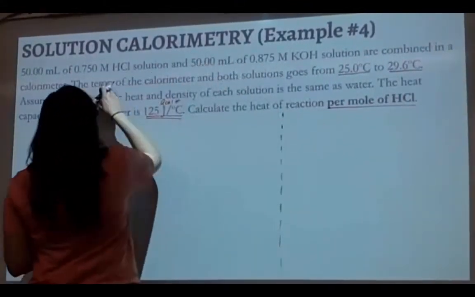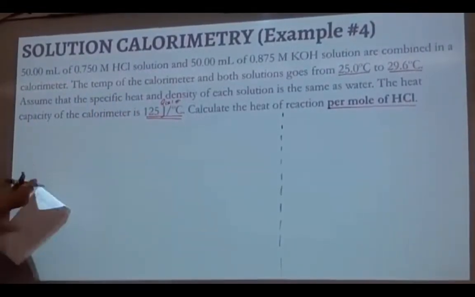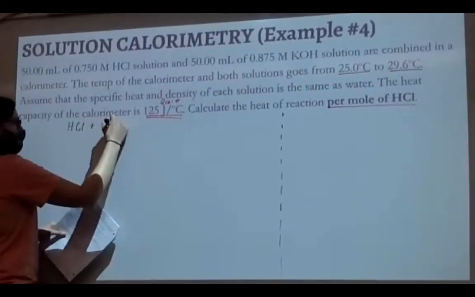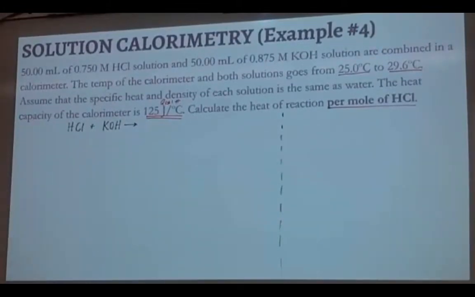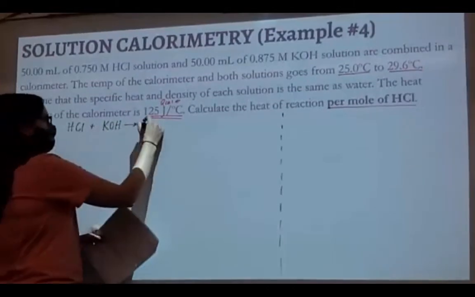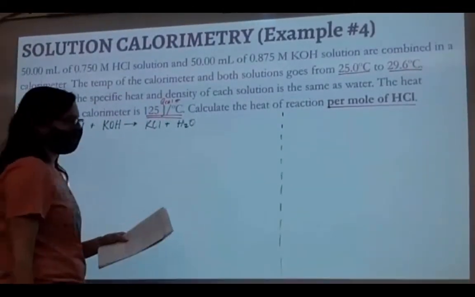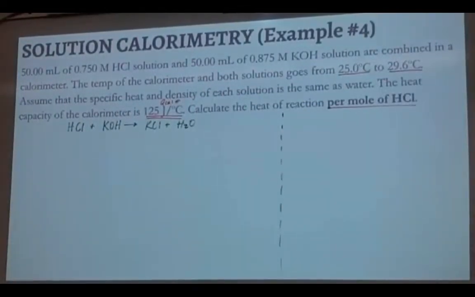So in this it says HCl and KOH are combined in a calorimeter. So we actually have a reaction occurring. HCl plus KOH. We have a reaction occurring because we're mixing two things together. So we form KCl plus H2O. So we have an actual reaction occurring in the coffee cups.